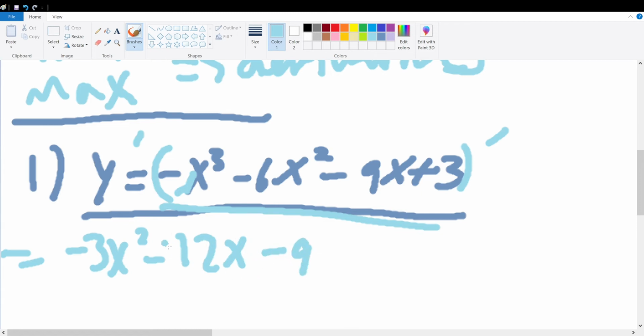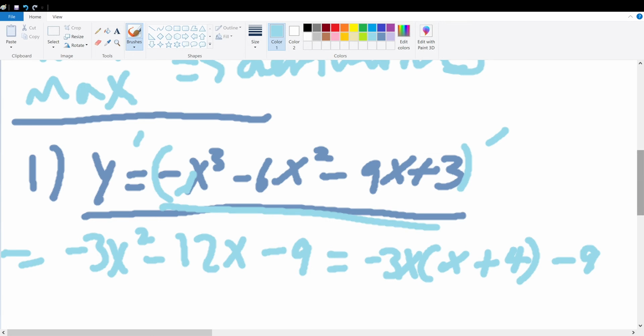Now, after you get this, you can try to factor out x, so it's negative 3x parentheses x plus 4 and then minus 9.